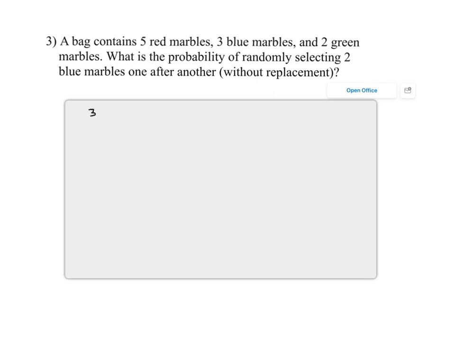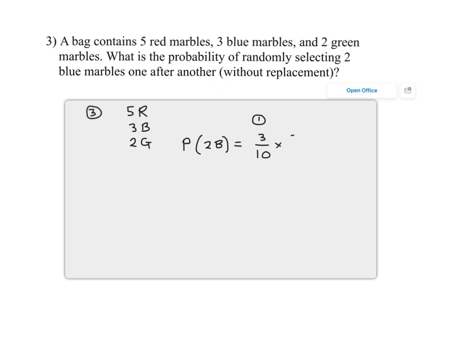Question 3. A bag contains 5 red, 3 blue, and 2 green. And it says the probability of 2 blues. So the probability of the first blue is going to be 3 out of 10. And it talks about no replacement.